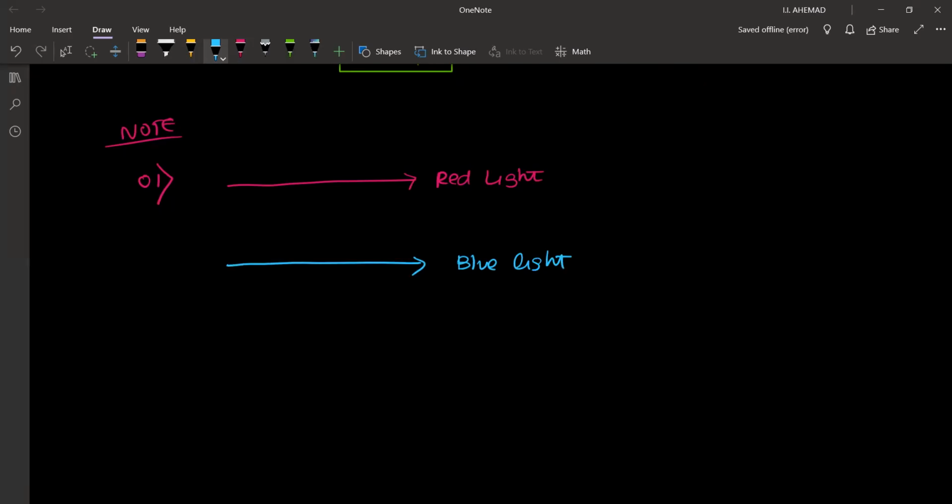So red light will be composed of small photons, and blue light will be composed of another different photon.